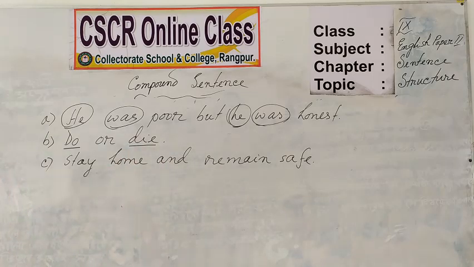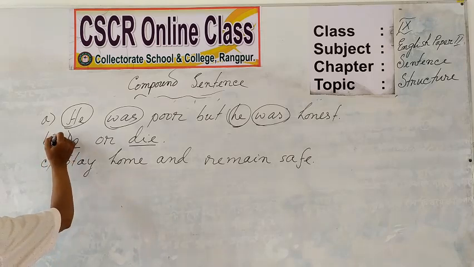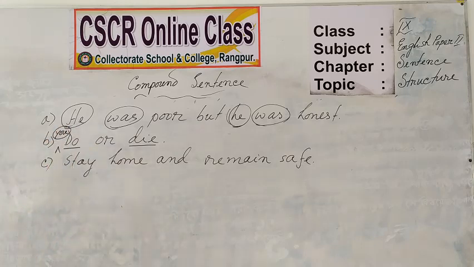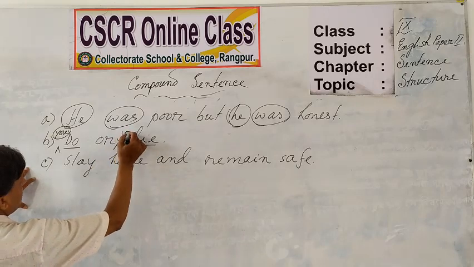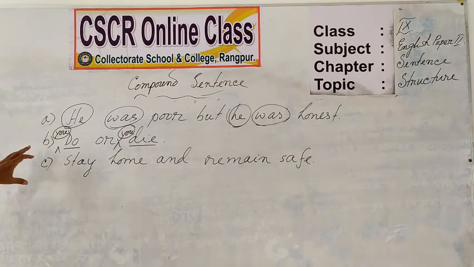So what is the subject? Dear students, here the subject you is silent. Here also the subject you is silent. That means in the second sentence there are also two subjects, two finite verbs.